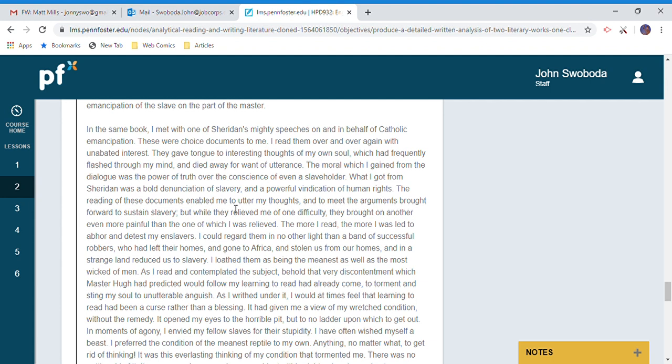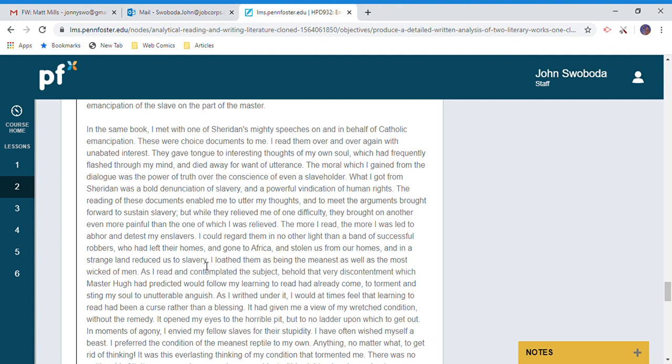The more I read, the more I was led to abhor and detest my enslavers. I could regard them in no other light than a band of successful robbers, who had left their homes and gone to Africa and stolen us from our homes, and in a strange land reduced us to slavery. I loathed them as being the meanest as well as the most wicked of men.